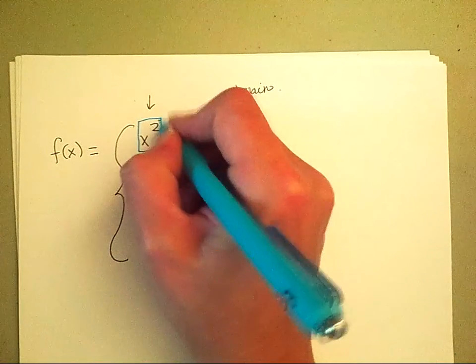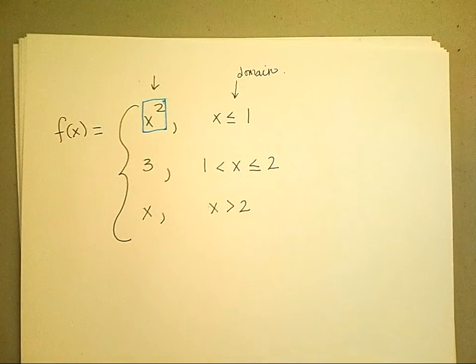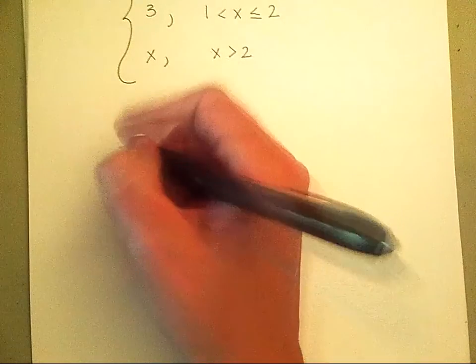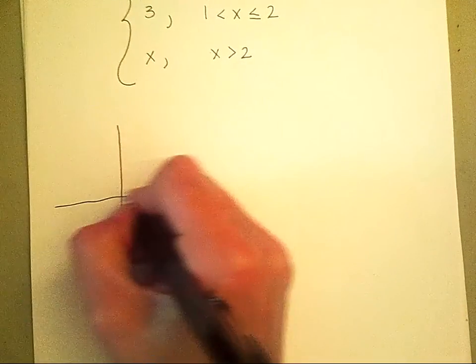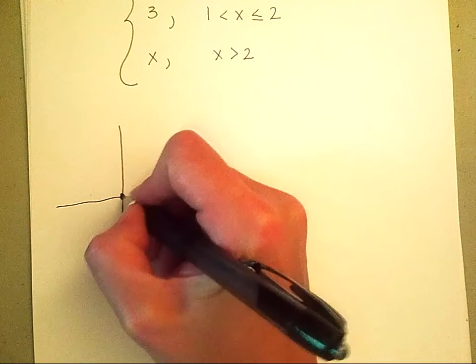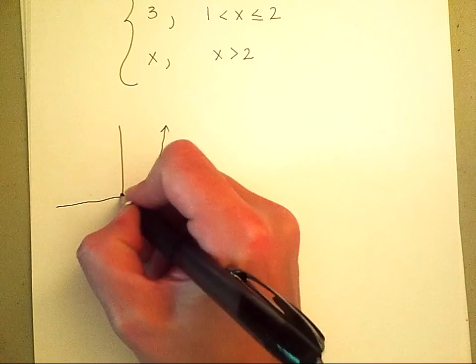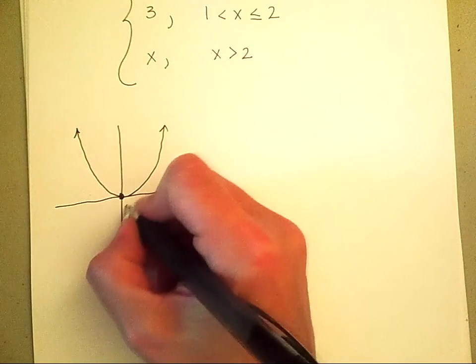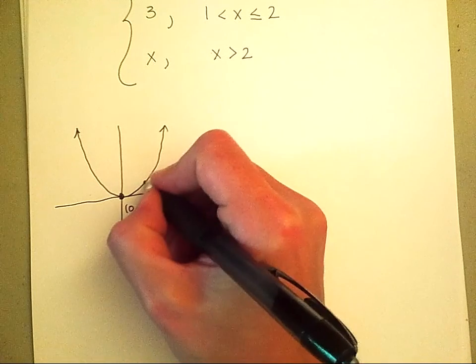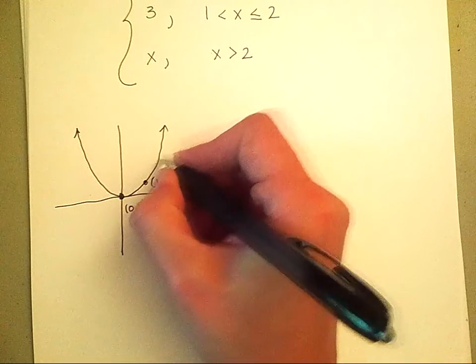We have the part of y is equal to x squared. So y is equal to x squared is our parabola. It looks like so. This is the point 0, 0. At 1 you get 1.